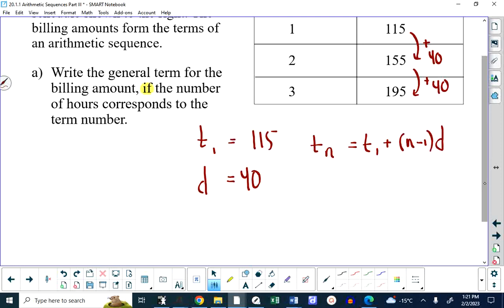We throw in the two parameters and get Tn equals 115 plus n minus 1 times 40. And what we need to do is multiply that out. Right, you need to multiply that 40 by the n minus 1. Simplify it. I'll give you a second or two to do so. Once again, we're doing this.